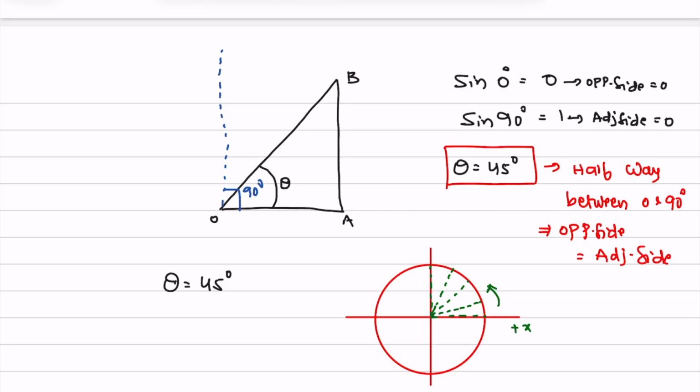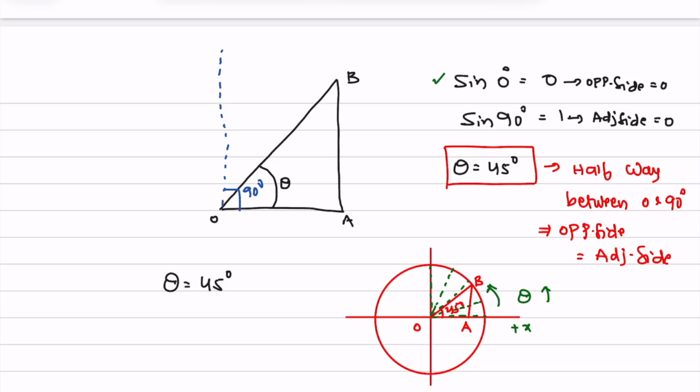When theta is 0, opposite side is 0. When theta is equal to 90, adjacent side is equal to 0. When theta is equal to 45, exactly in between, what happens? OA is equal to AB.